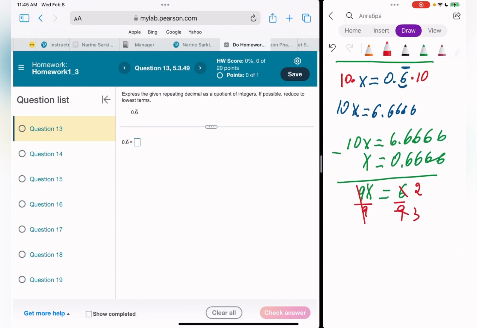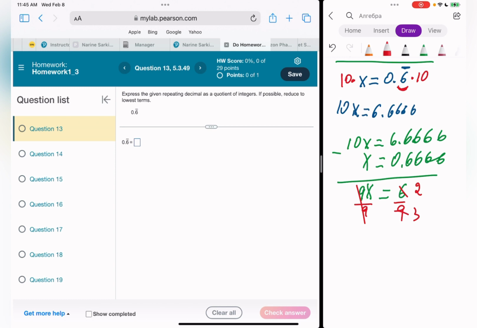The bottom line is, with one decimal only repeating, you're always going to multiply by 10, and when you subtract 10x minus x, you're always going to get 9.